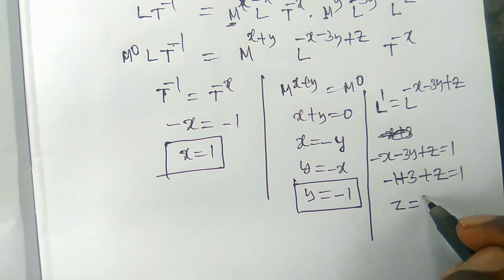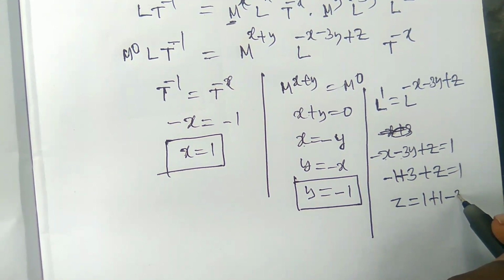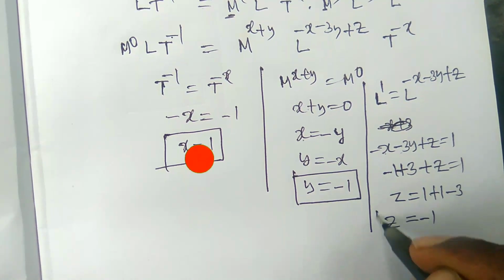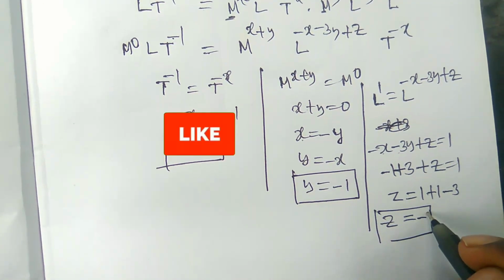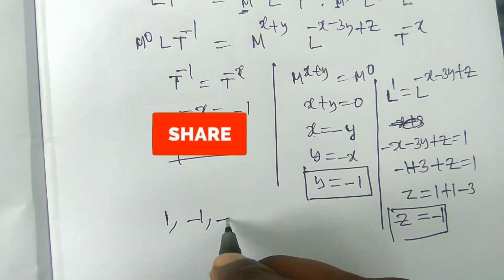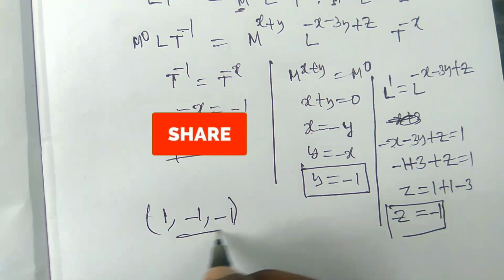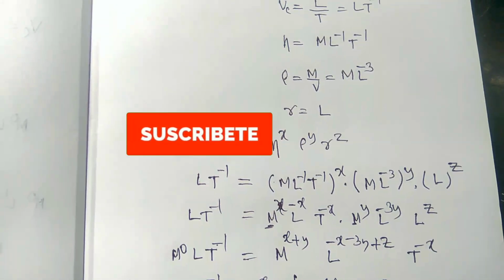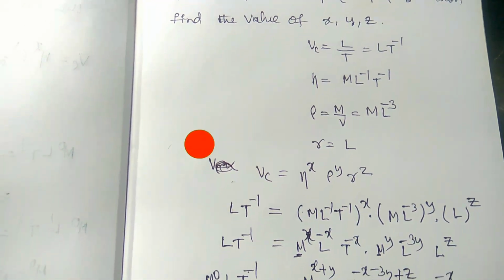Z is equal to 1 plus 1 minus 3. So z is equal to minus 1. Right? So the x, y, z values are 1 comma minus 1 comma minus 1. So this is the option. Okay, this is the pattern you have to follow to find the value of x, y, z.